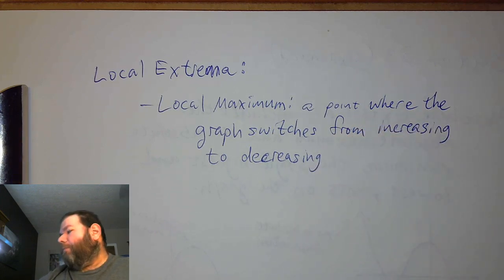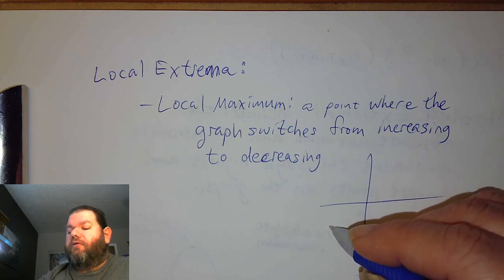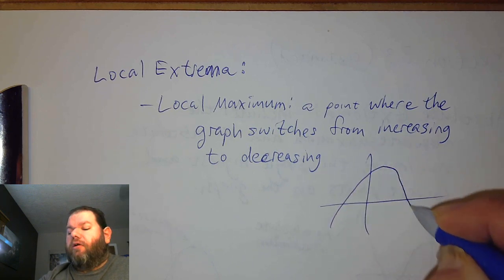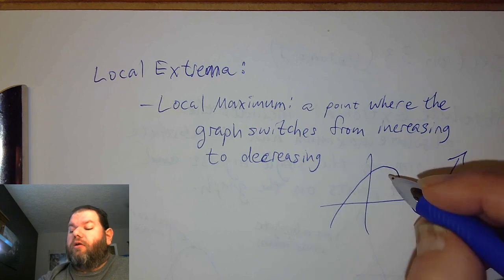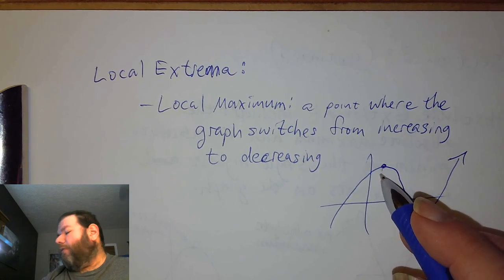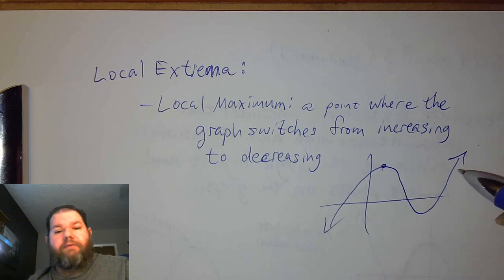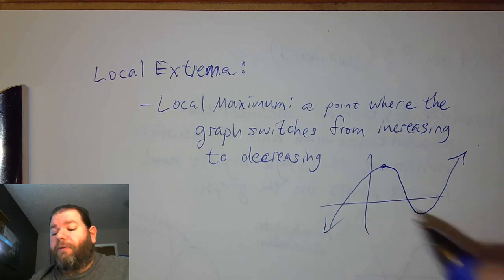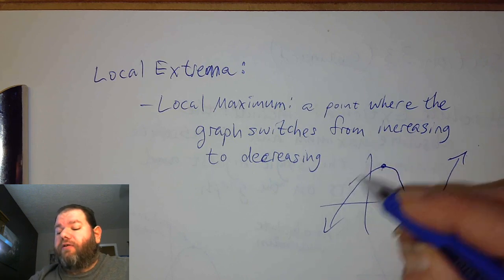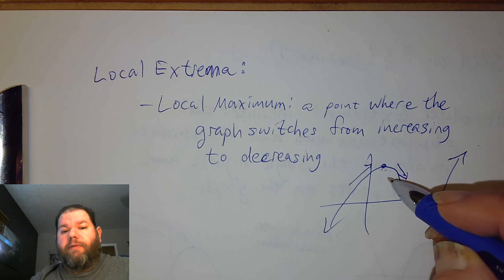Because what happens is right here, at the top of this hill, we know that this has an arrow, so the graph is just going to keep going both directions, but right here it switches from increasing to decreasing, so this is a local maximum.